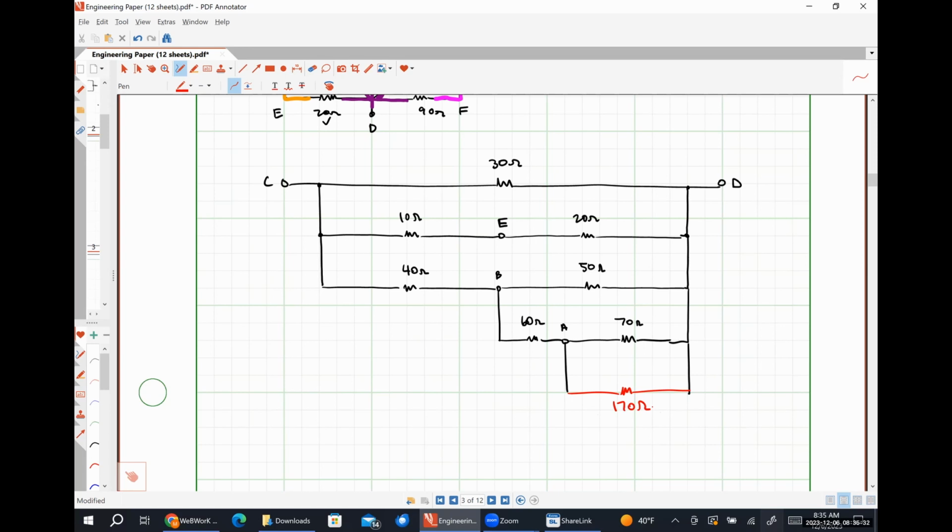Now, the 70 and the 170 are obviously in parallel. So I'm going to use that combining two resistors trick. So 70 times 170 divided by 70 plus 170, I get 49.583 and some change.